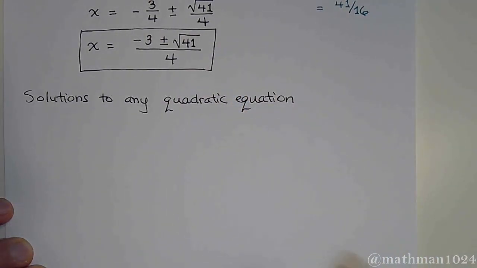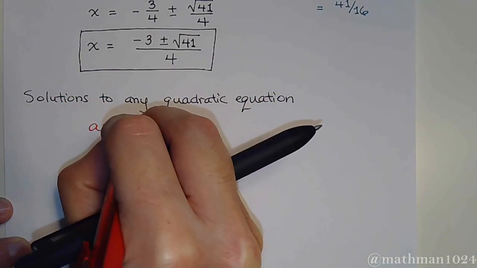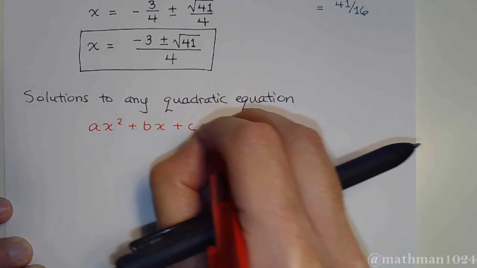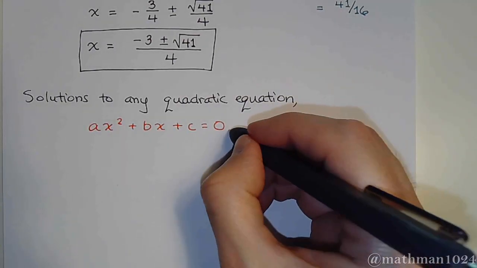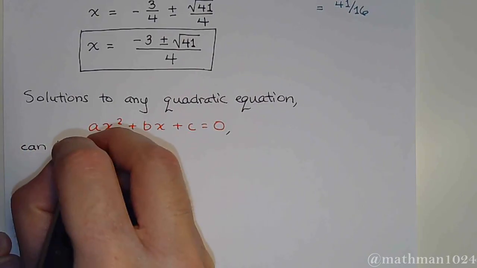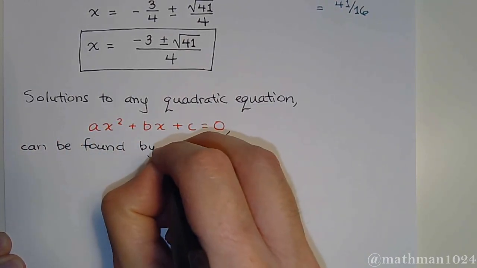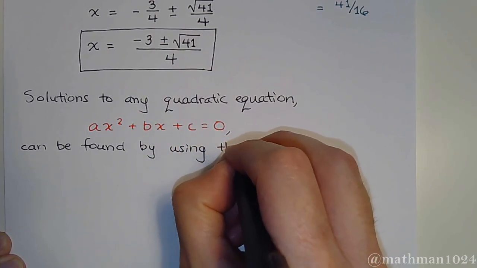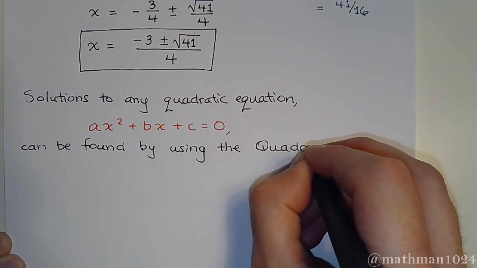Remember, a quadratic equation is ax squared plus bx plus c equals 0. So solutions to any quadratic equation can be found by using the quadratic formula.